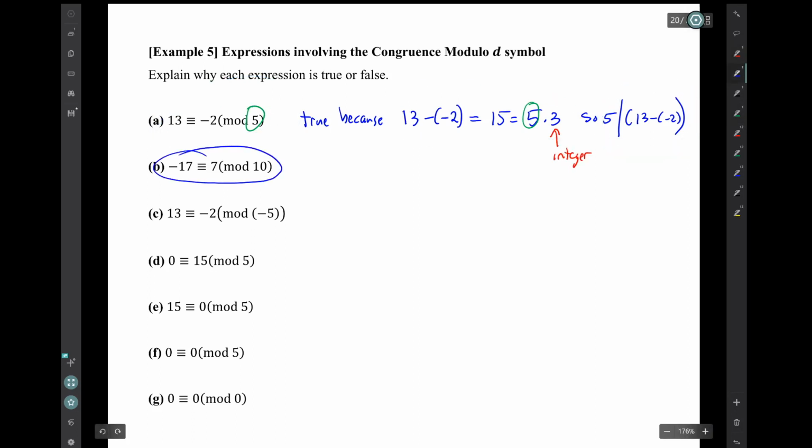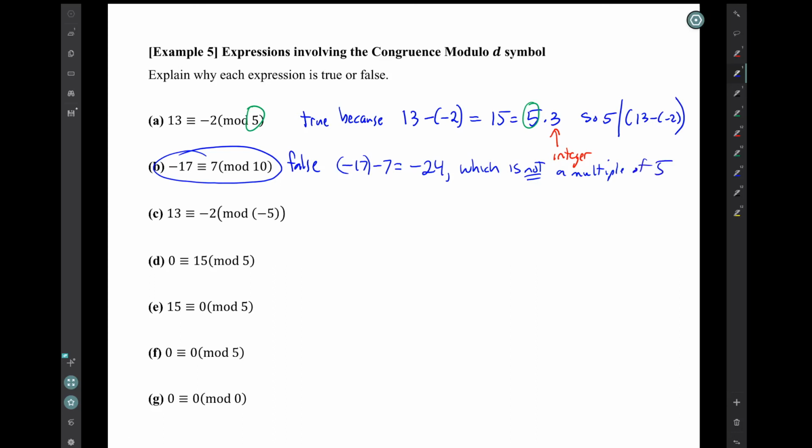This symbol is actually false. Because minus 17 minus 7 is equal to minus 24, which is not a multiple of 5. Now how about this expression? Is that true or false? Well, let's just see. What's 13 minus negative 2?